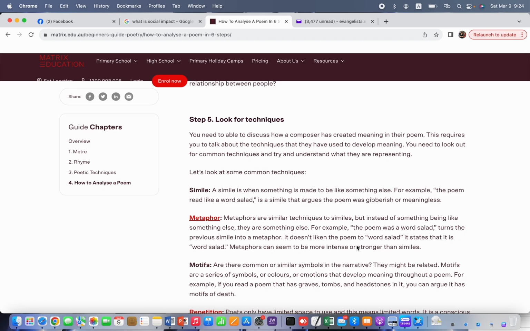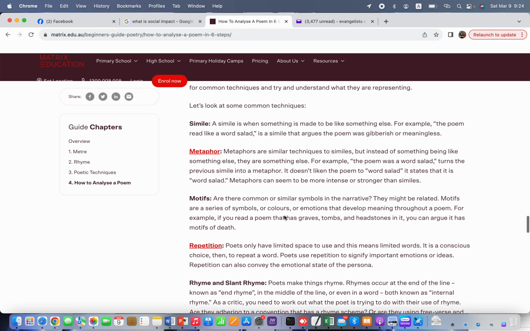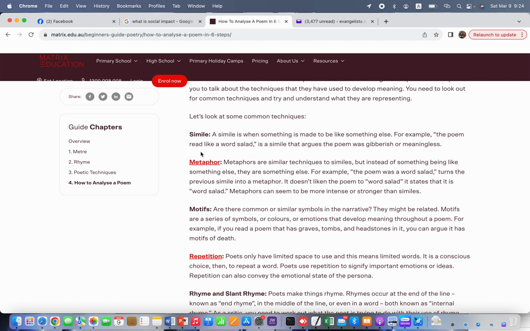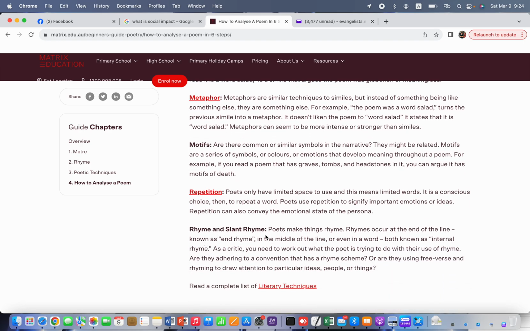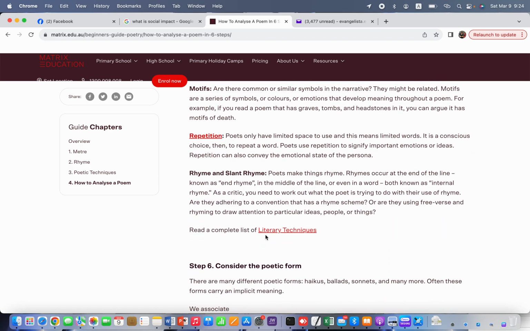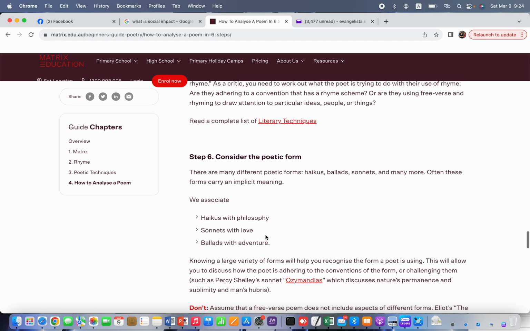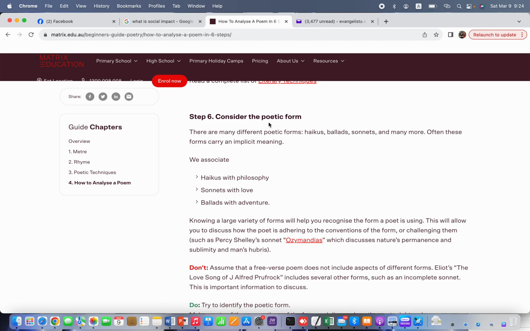Next, you have to identify the figurative language used in the poems. Basically, these are repetition, simile, metaphor, rhyme and slant rhyme. These are literary techniques that a lot of writers employ in their works. And then, consider the poetic form.